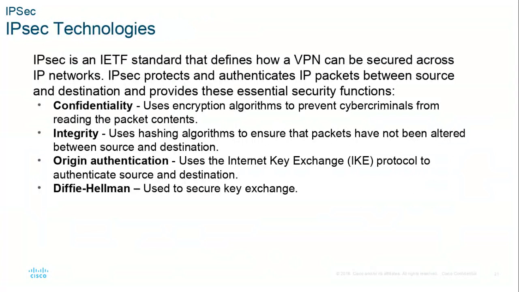IPsec is an Internet Engineering Task Force standard. How can we set up secure communication over a public untrusted network? We talked before about confidentiality, integrity, availability, the ability to authenticate that it actually came from a certain origin, and non-repudiation. Then we're going to use Diffie-Hellman, which in the South I like to call Dixie-Hellman.